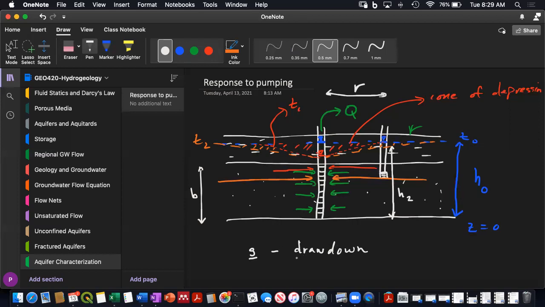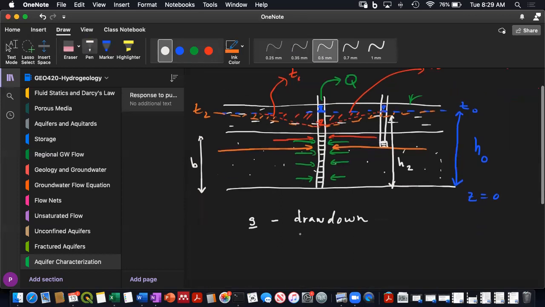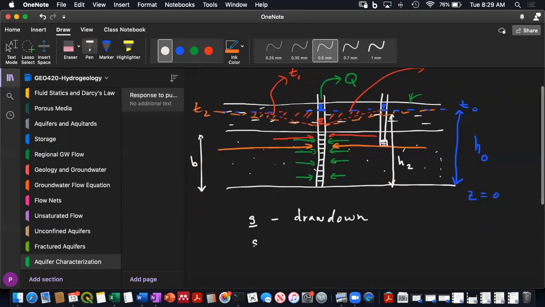And drawdown is just a relative change in the head. So we're going to define drawdown. It's defined as H0 minus the head at some time later, all right, after pumping.